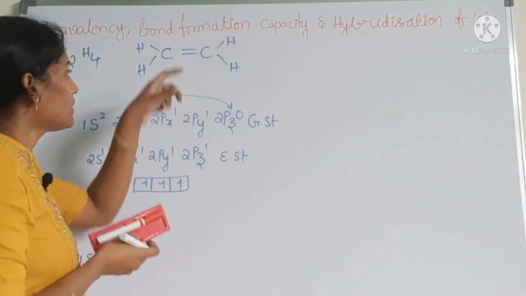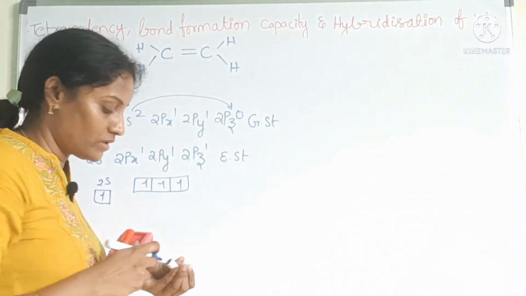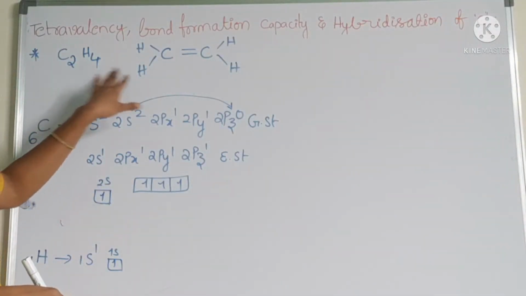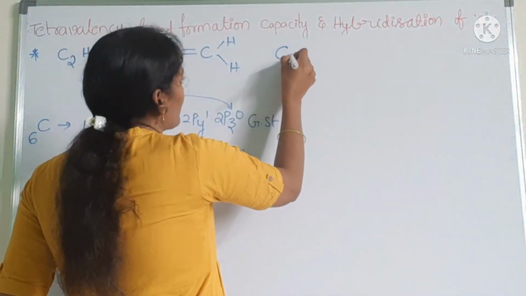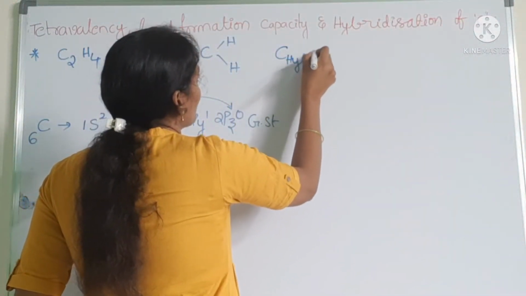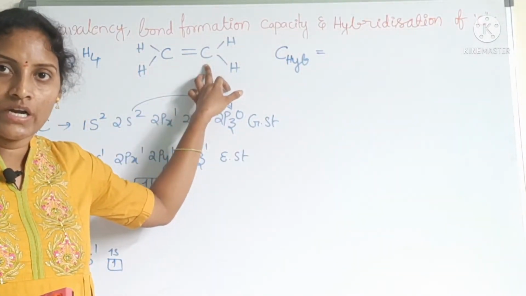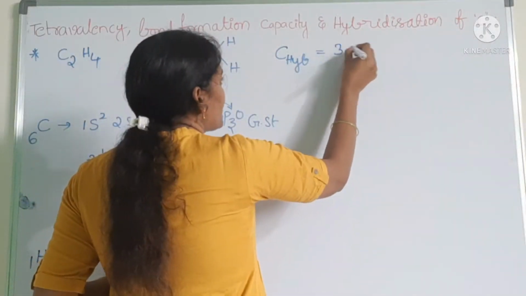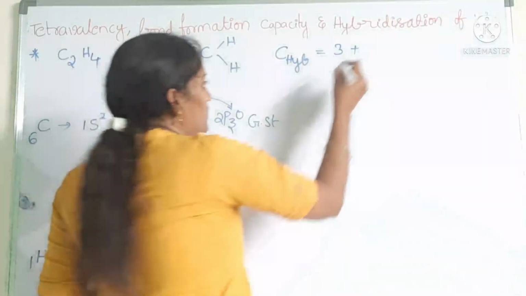See, here one double bond and two single covalent bonds with other atoms. See, here to know carbon's hybridization in this molecule, how many atoms are present around this carbon atom? 1, 2, 3. 3 atoms attach with this carbon atom. There are no lone pairs for this one also.